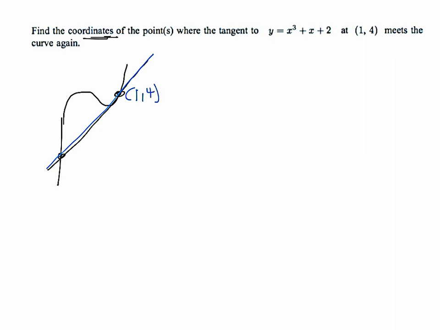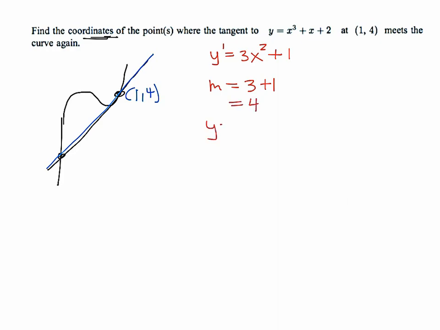In order to do so, first we need to take the derivative of y. So y prime is equal to 3x squared plus 1. By plugging in the 1, we would get the slope of the tangent line. So the slope of the tangent line is equal to 3 times 1 squared, which is just 1, plus 1. So we have 4.